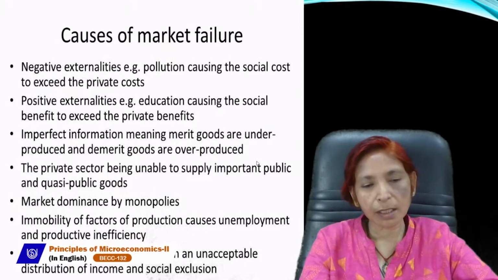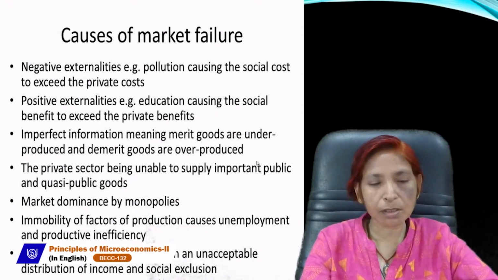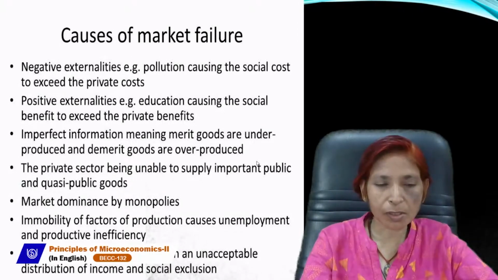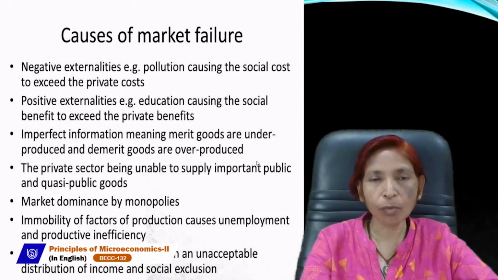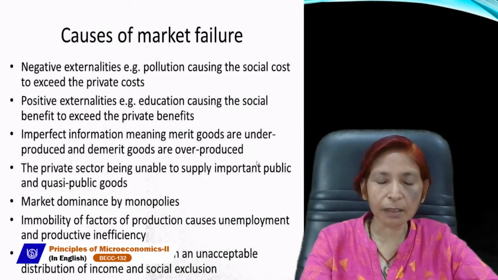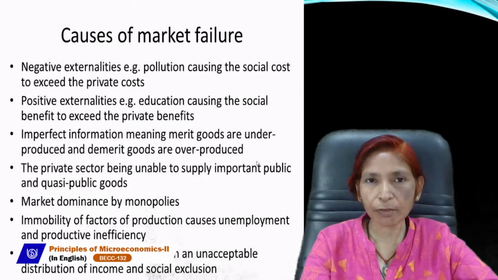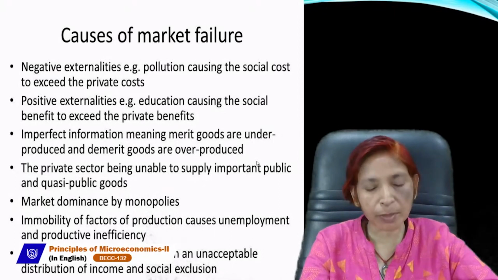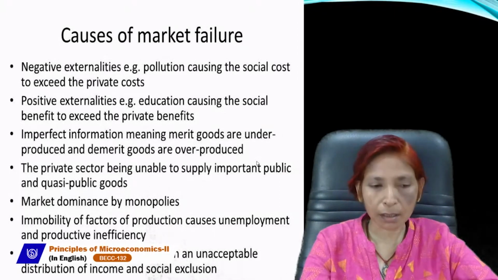As we know, equal distribution is not acceptable to everyone, because the person who is more talented will earn higher income, and the person who is not efficient, who is illiterate or uneducated, will earn lower income.